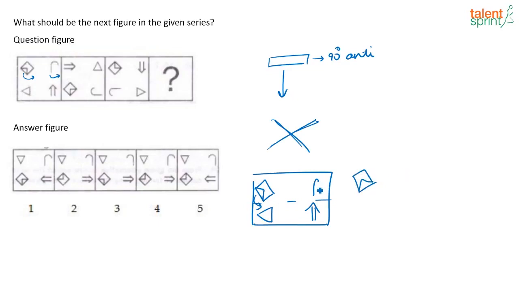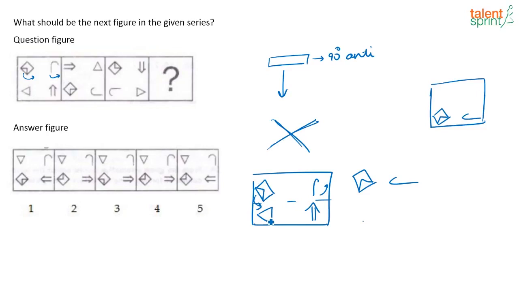And this one also has to rotate 90 degrees anti-clockwise, so it will become like this. And then these two are coming down. So in the next step, these two figures after rotation are coming down and it is becoming like this. That's what we have got here.